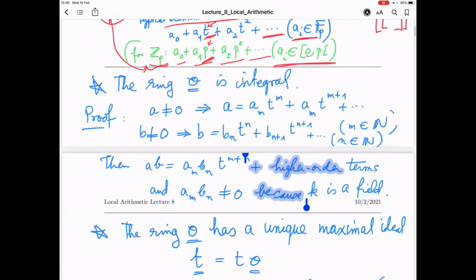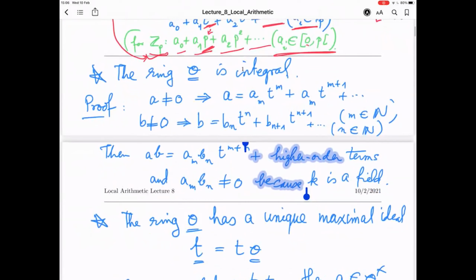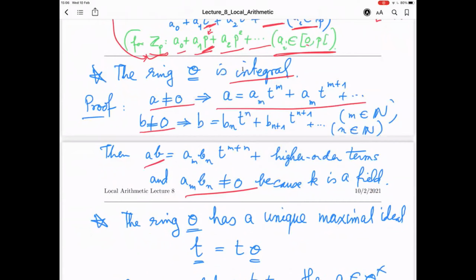Anyway, so the first observation to be made about this ring is that it's integral, which means that if I take one element which is non-zero, another element which is non-zero, then their product is non-zero. That's what I want to show. So take an element A, which will look like this.